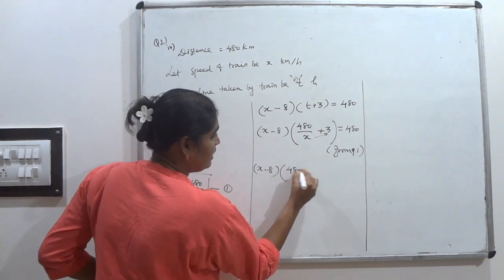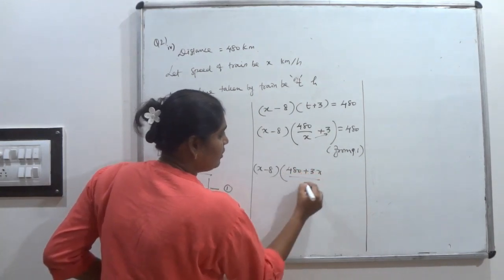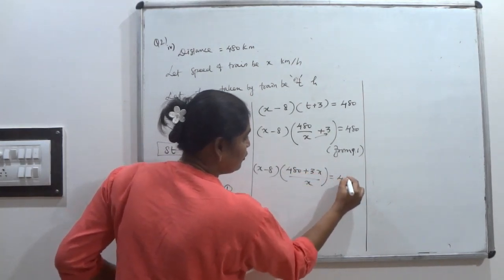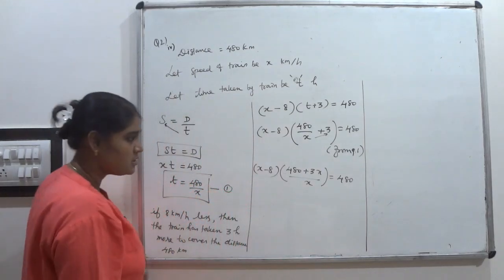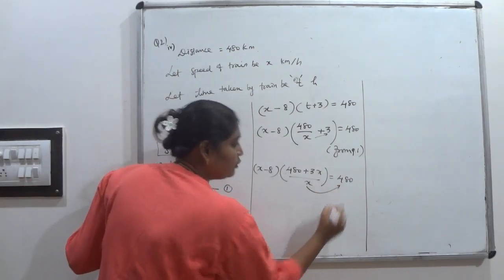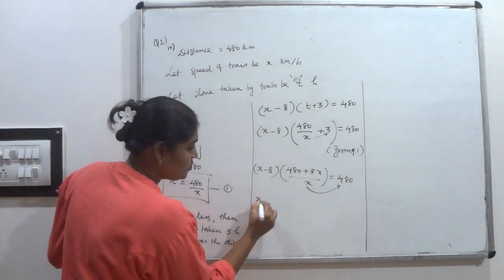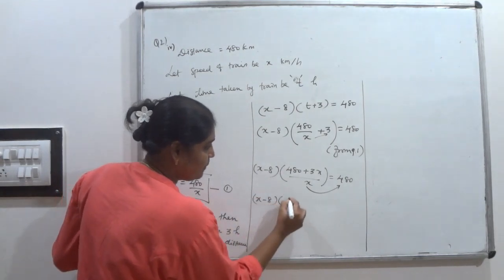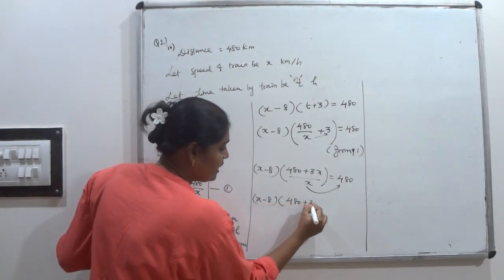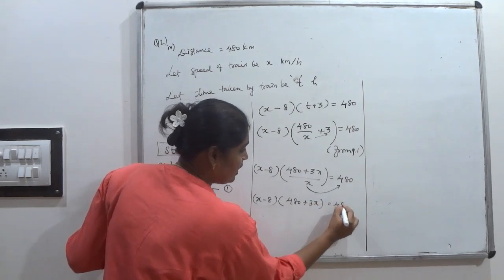So 480 plus 3x upon x is equal to 480. Divided by x goes to this side, multiply by x. So x minus 8 into 480 plus 3x is equal to 480x.